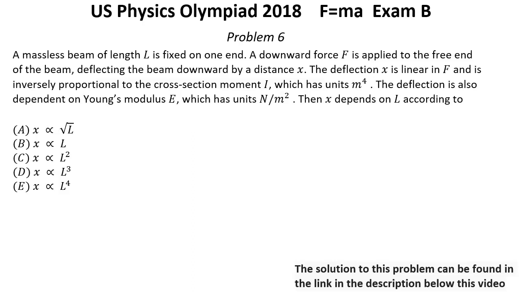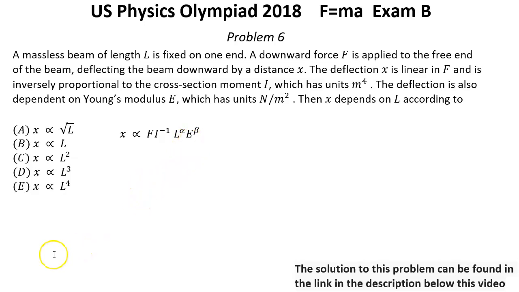Solution for problem number 6. According to data, we have x proportional to force, inversely proportional to I, and also it depends on length L with the unknown power alpha, and depends on Young's modulus with unknown power beta.